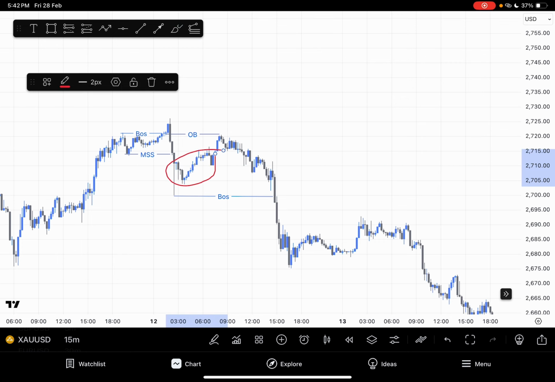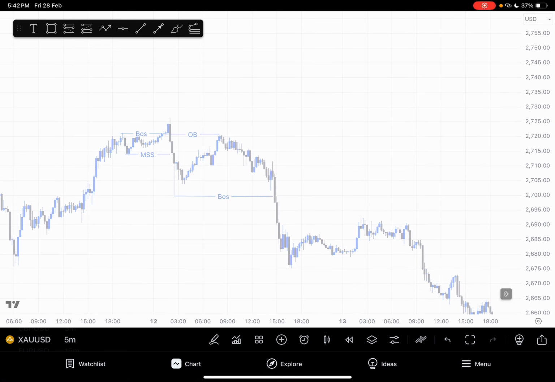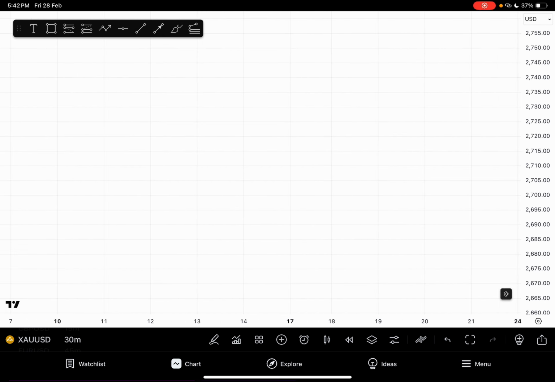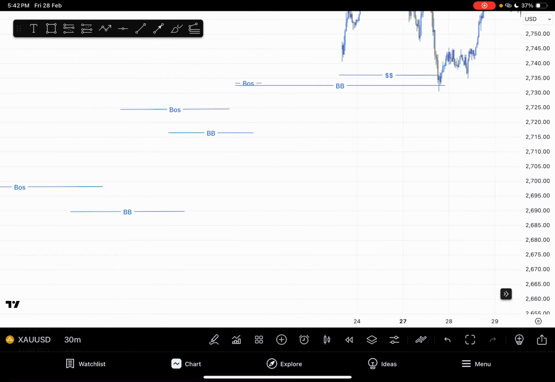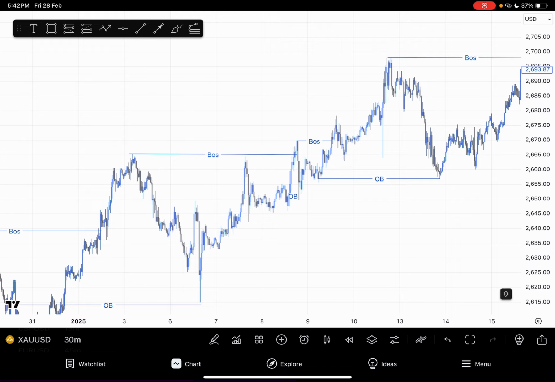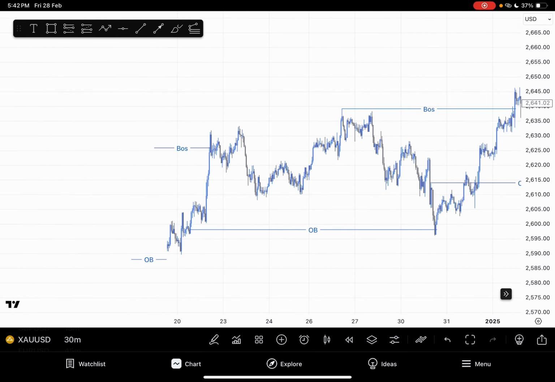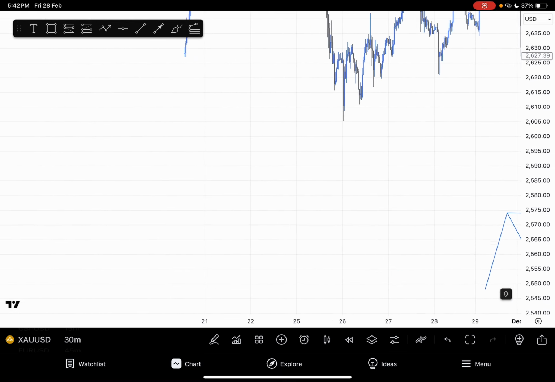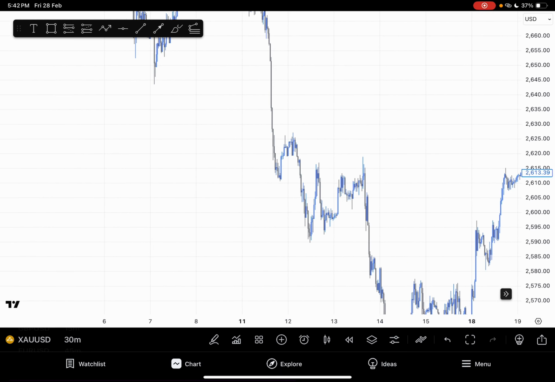What you will only see is an order block on the 30-minute time frame. And remember what I told you: gold doesn't respect order blocks. It only uses breaker blocks.